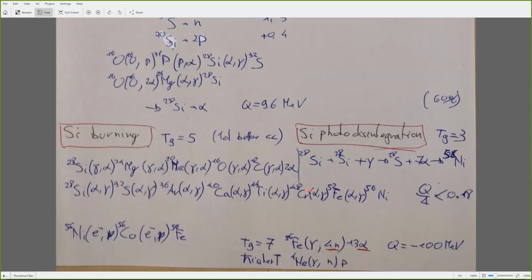There again is this reaction, the production of nickel, and the nickel then decays, absorbing an electron, into cobalt, and then cobalt into iron, producing energy. This reaction is the last one.